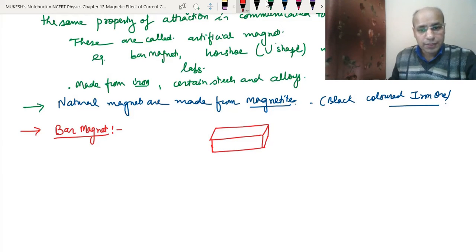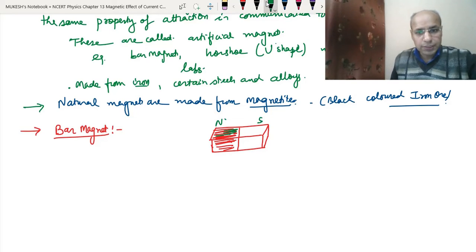Normally this portion is painted red, and this is painted either green or white. So this is the north pole and this is the south pole. Clear?